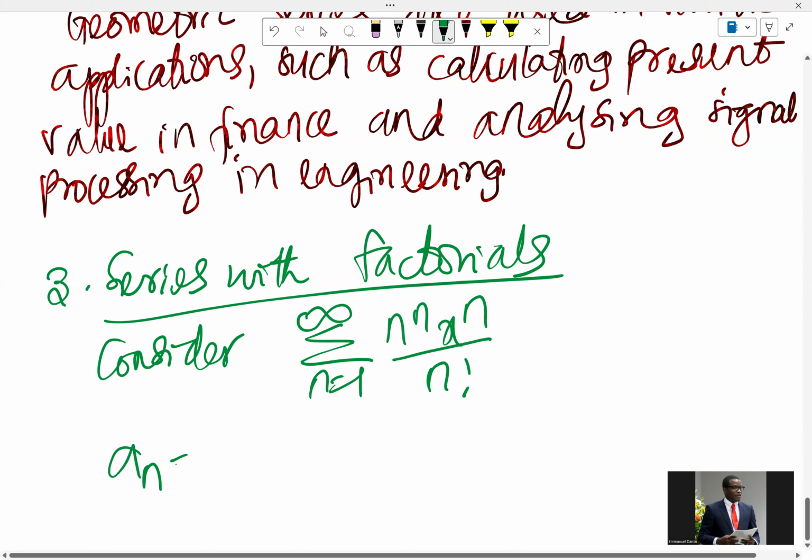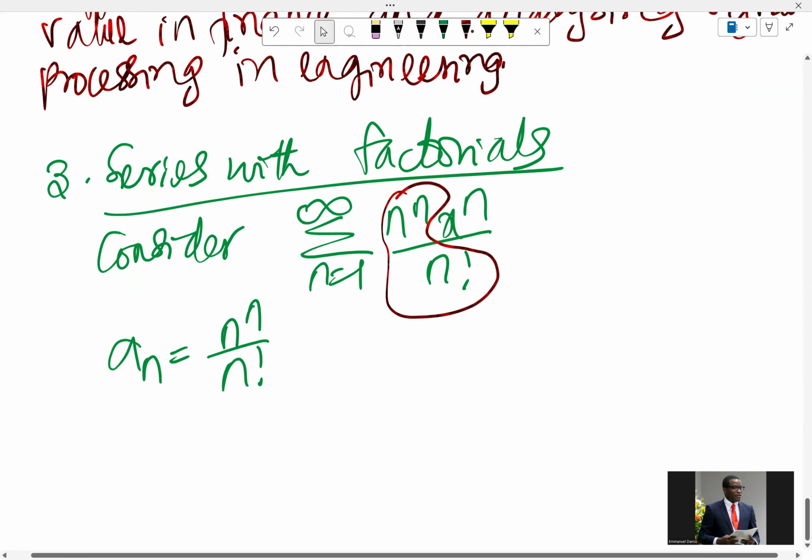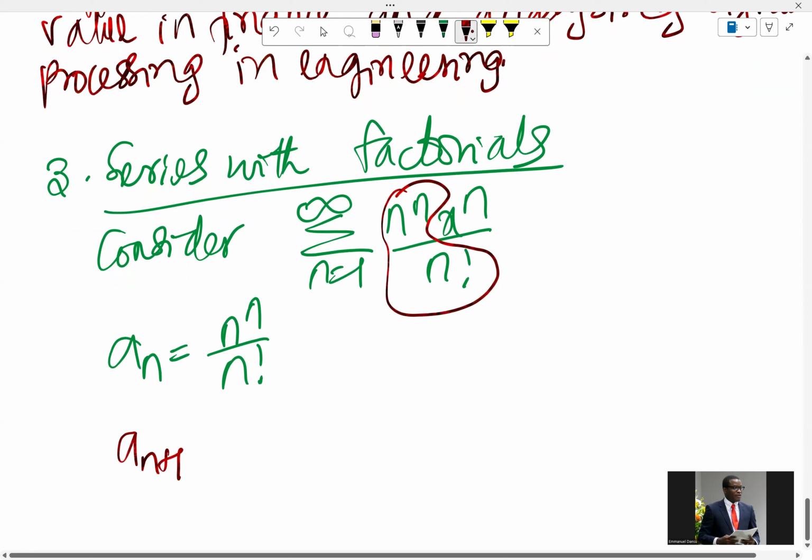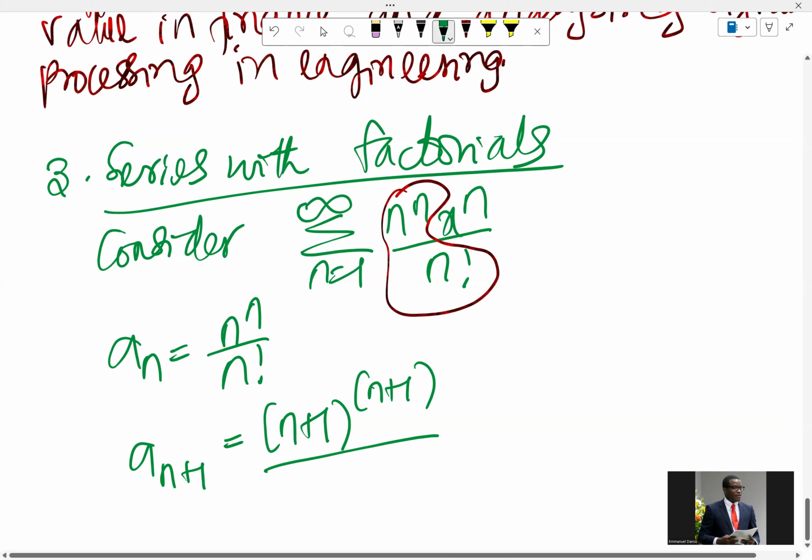Clearly, a_n is equal to n raised power n all over n factorial. That's like when you remove the x part, that's what you have. And then that means that a_(n+1) is equal to n plus 1 raised power n plus 1 all over n plus 1 factorial.